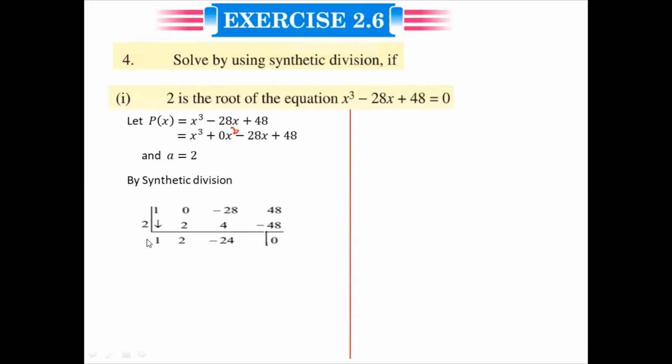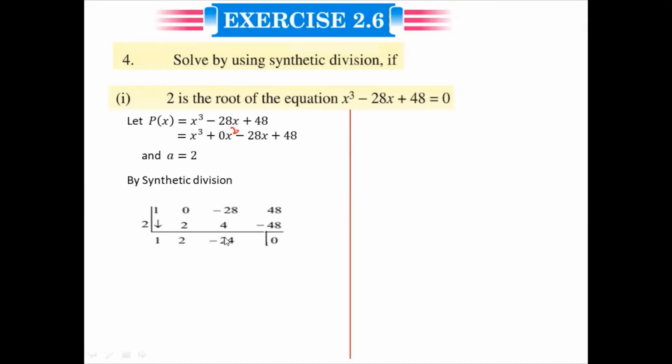We draw a horizontal and a vertical line, and first we shift 1 as it is under the horizontal line, and we multiply this 2 with 1. We have 2, and we write this 2 under 0. When we add these two numbers we have 2. Again we multiply this 2 with this 2. We have 2 times 2 is 4, and we write this 4 under minus 28. And when we add these two numbers we have minus 24.